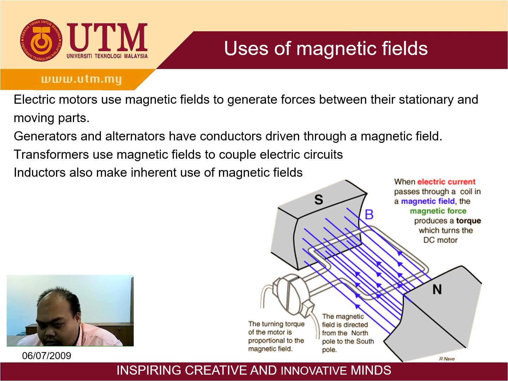The direction of B, the magnetic field, is from north to south. Therefore, if the current moves from my left hand side into the coil to the right hand side, the coil moves up. I will show you later how to use this.